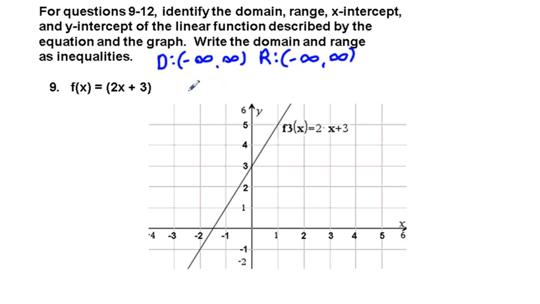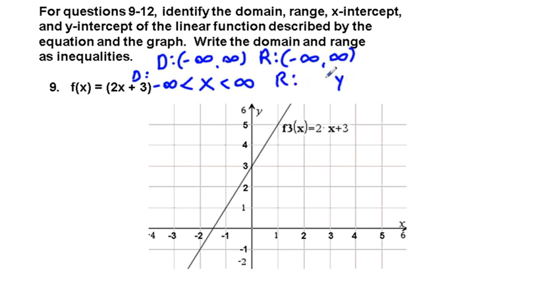But to write these inequalities, domain is related to x values, so we have x is going to be greater than negative infinity, but less than infinity. So that's our domain. And I'm going to put D colon, and our range is going to be the same thing except for y.